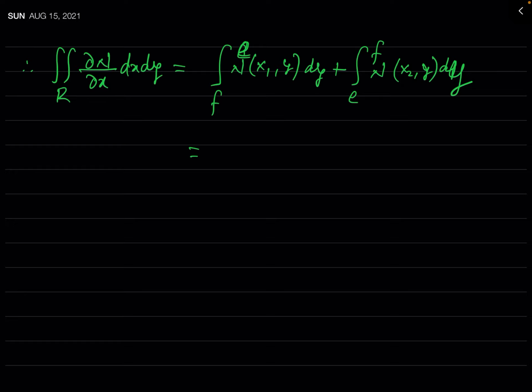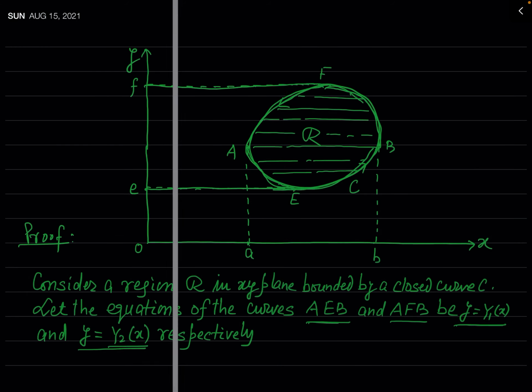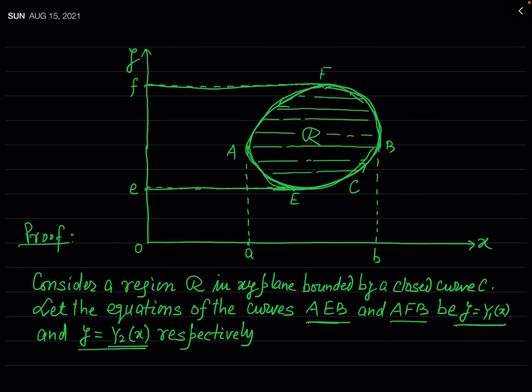But see now, when you take actually the limits from f to e, it means you are moving from f to e along this a in anti-clockwise sense, you can see. And when you move from e to f along this curve, it means you are moving from e to f via b in anti-clockwise sense.